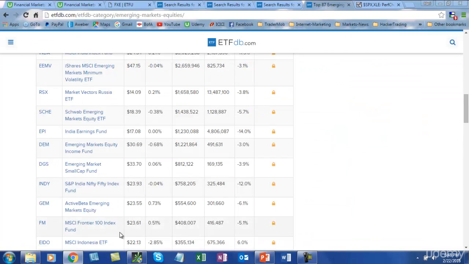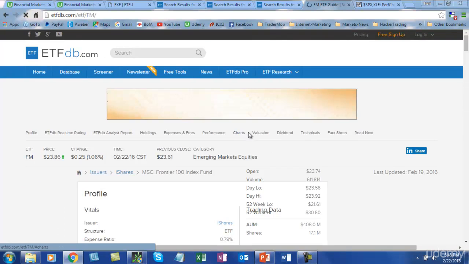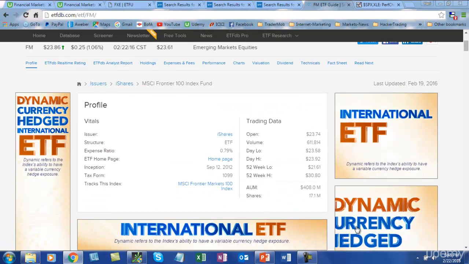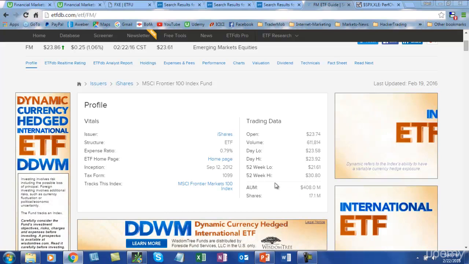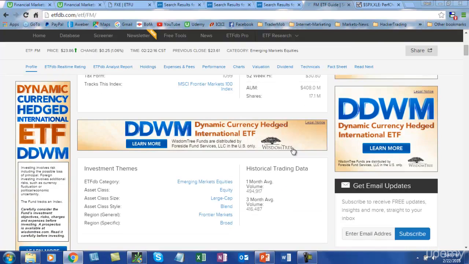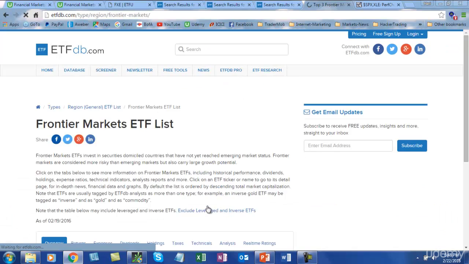Now we're looking at the Frontier Index. Check this out, this is really nice. These should be targeting all the frontier markets. So once again, emerging markets. Assets under management is 408 million, not too bad. Volume is 611,000, not too bad. They target frontier markets, so the region is frontier markets. And what exactly are frontier markets?